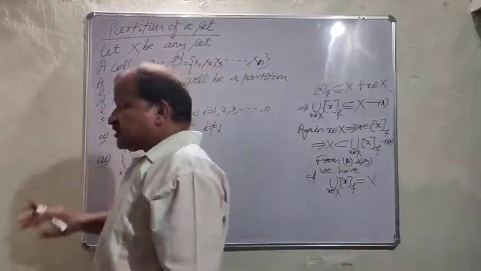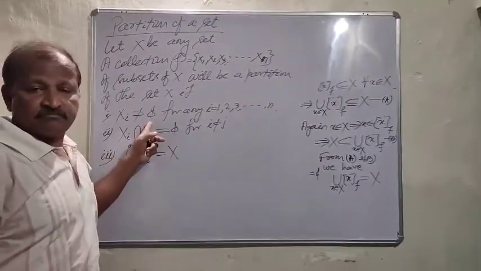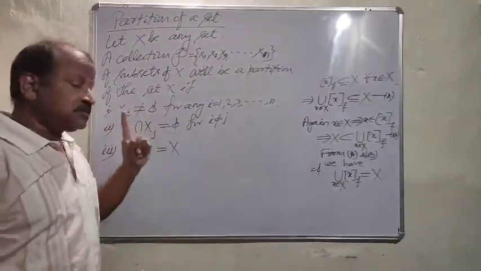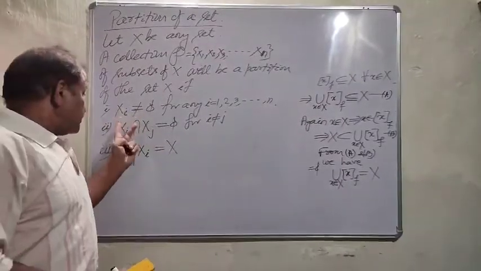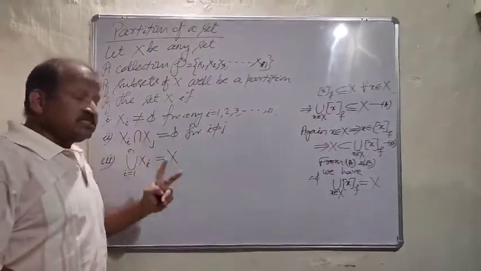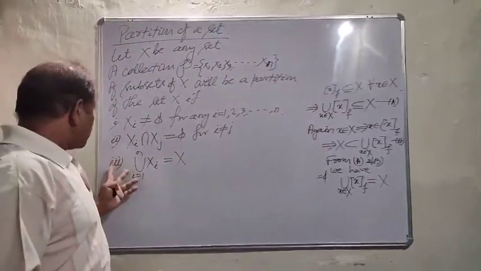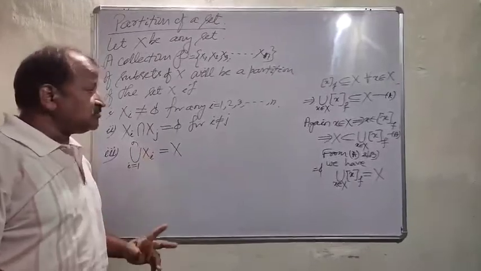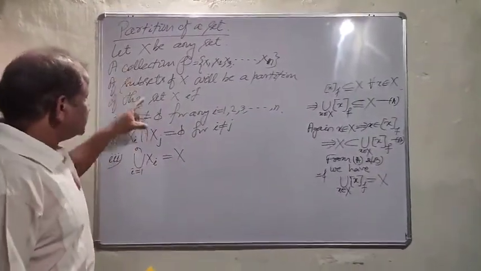Each subset is non-empty. There is no empty subset. Number 2, two distinct subsets have no common element. Then number 3, union of these subsets is equal to X. So this is a partition.